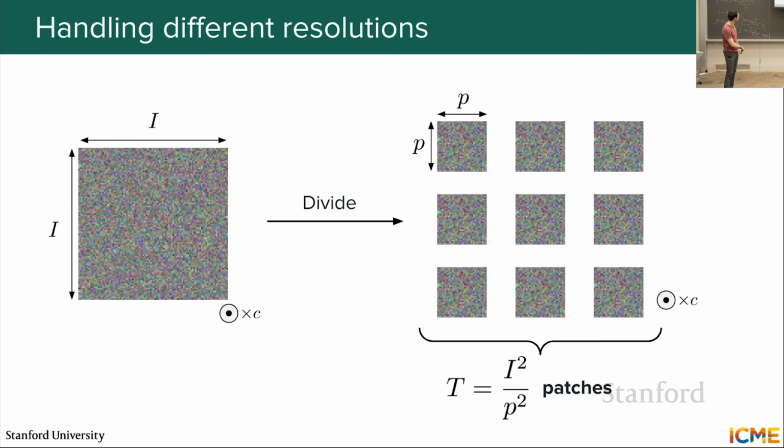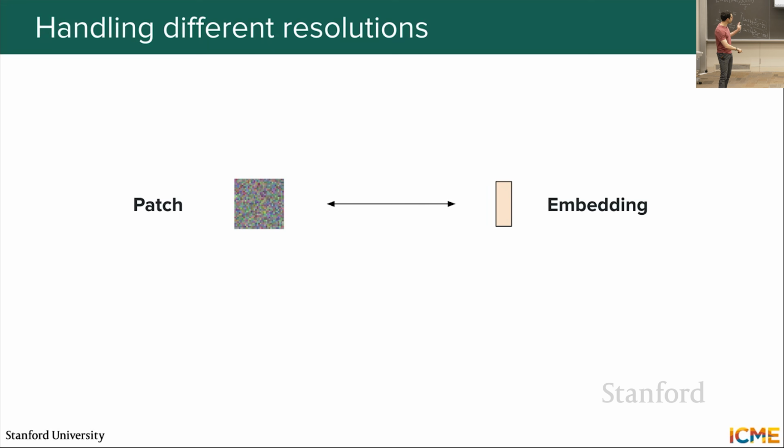And now you may ask me, well, how would you handle images of different resolutions? I want us to remember that the default architectures these days are DiT-based. In DiT, what you do is you divide your input into patches, where each patch is equivalent to some embedding.